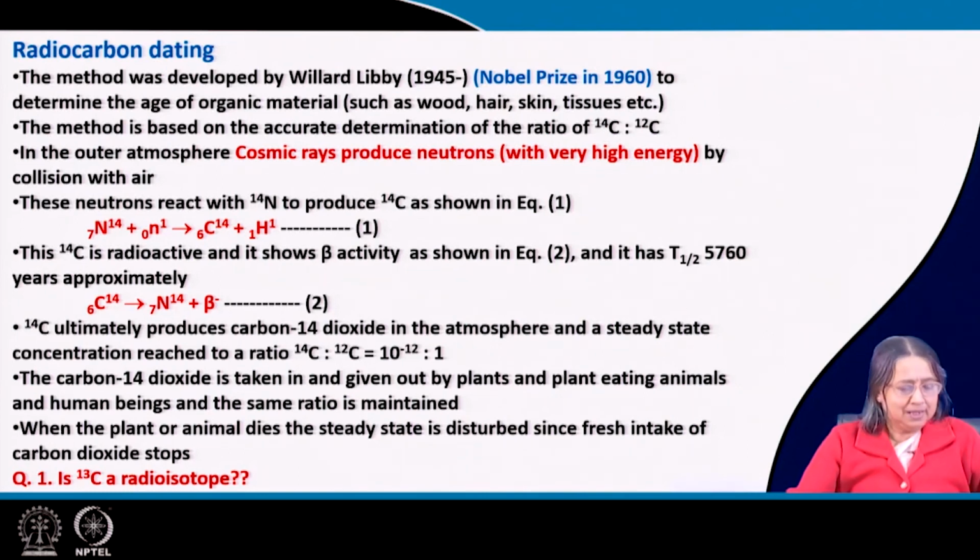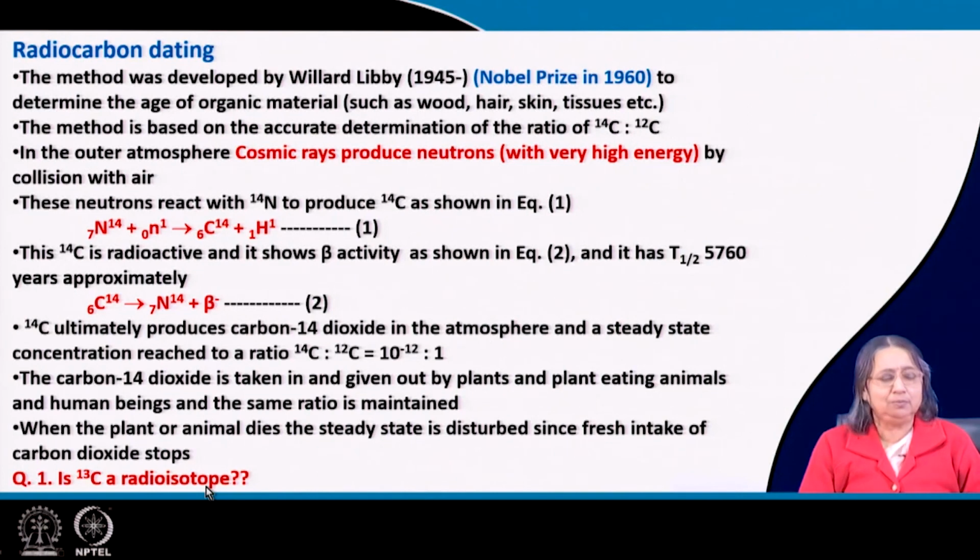But the question here is, is 13C a radioisotope? You already know the meaning of radioisotope. No, 13C is not a radioisotope. It also occurs naturally, at a very low percentage, 1.3% only, but it is not radioactive, while carbon 14 is radioactive.